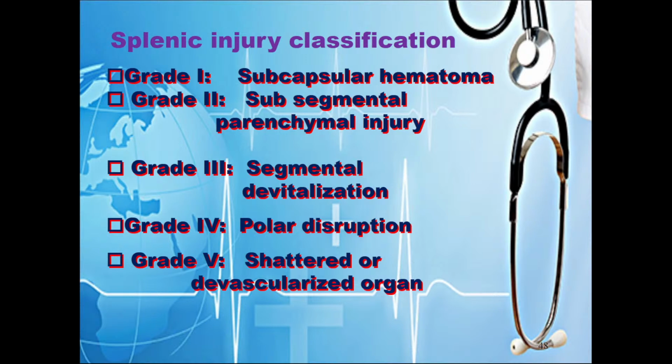At the moment of trauma, some parenchyma ruptures and the bleeding starts. It will continue, but in some cases it will go below the capsule of the spleen, forming a subcapsular hematoma.